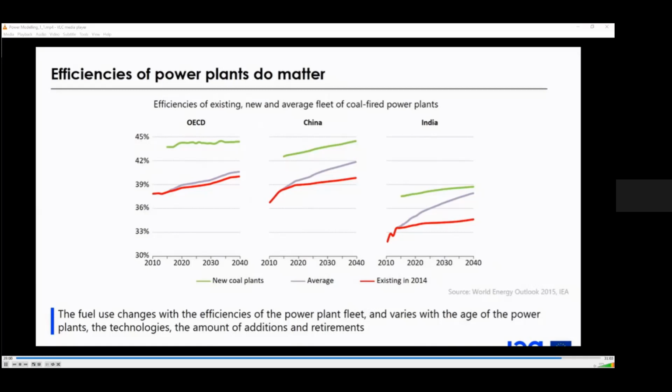But as you can see in China and India, as the demand is growing much faster, we have many more new plants coming in to meet that demand. And these new plants are generally more efficient, having a big impact on efficiencies in the park.